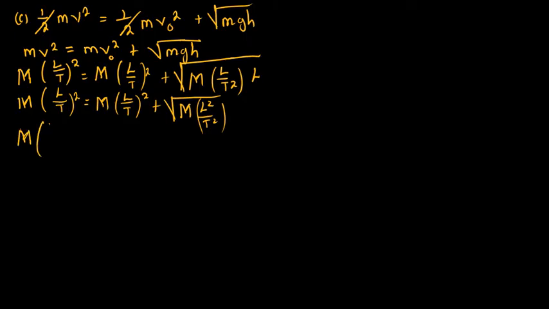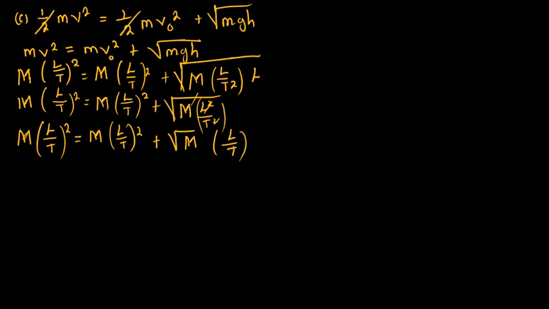M is multiplying L/T. This M is also multiplying L/T. Now look at this. These two and these two cancel with the square root. So the square root is going to remain with the M, but L/T will be outside. If you check, it's very different from the left and the right. This formula is therefore dimensionally incorrect.